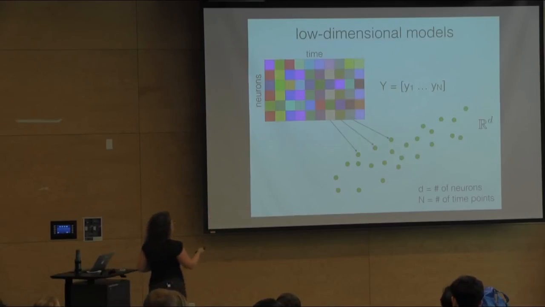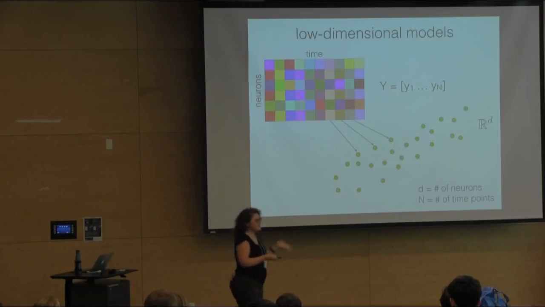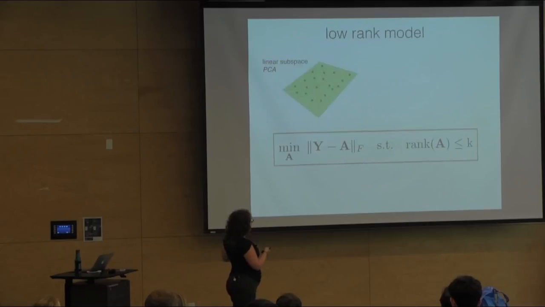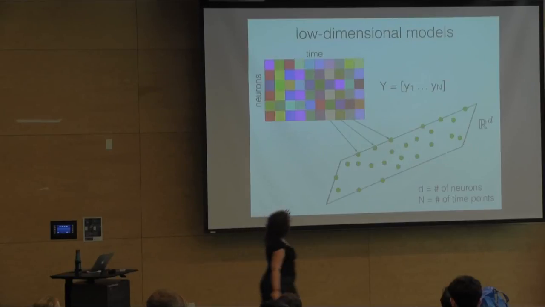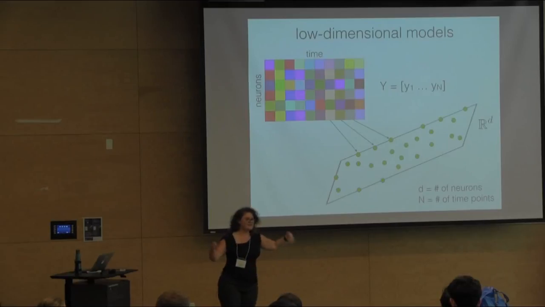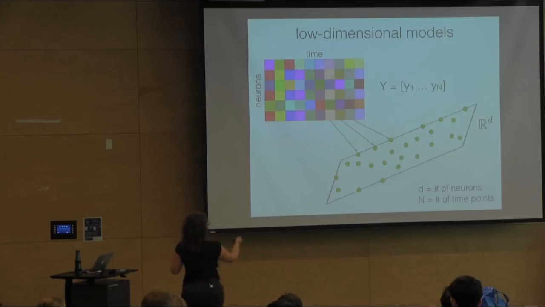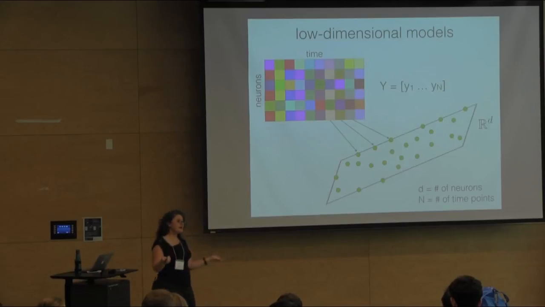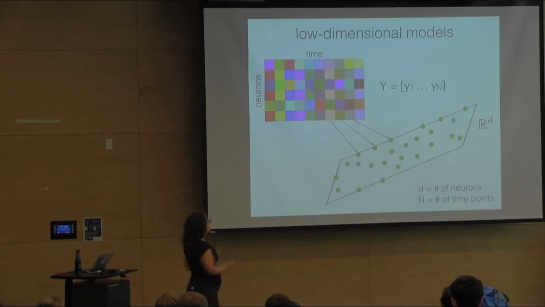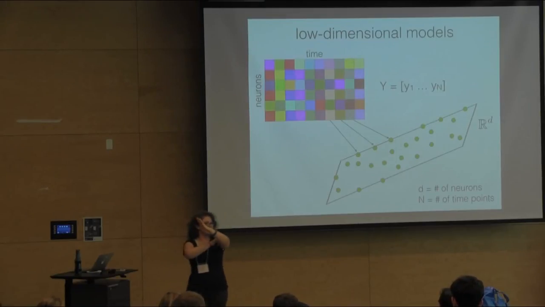Okay, and so now we have a lot of points, and the goal of a lot of dimensionality reduction techniques is to find, oh, that didn't show up. There should be a yellow plane, in this case, that encapsulates all these data points. The idea of PCA or linear dimensionality reduction techniques is to find a subspace or a plane that approximates all these data points.